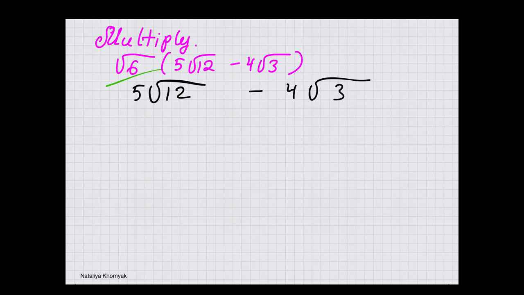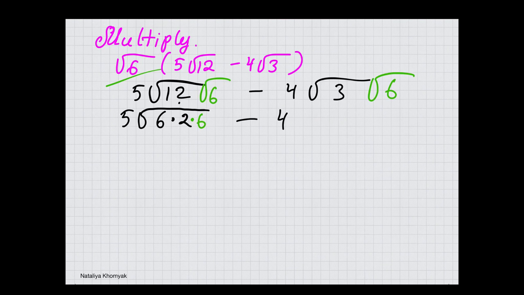Now I'm going to distribute square root of 6. 5 times, now I know that there is a 6 in 12, which is 6 times 2, times this 6. And the reason I'm doing it this way is so I don't have to work with huge numbers. Minus 4 radical 3, and I know that 6 is 3 times 2.